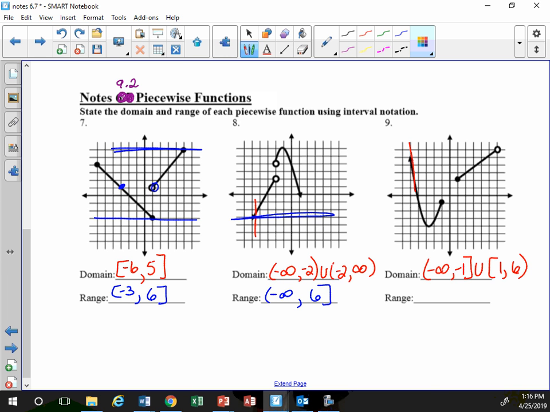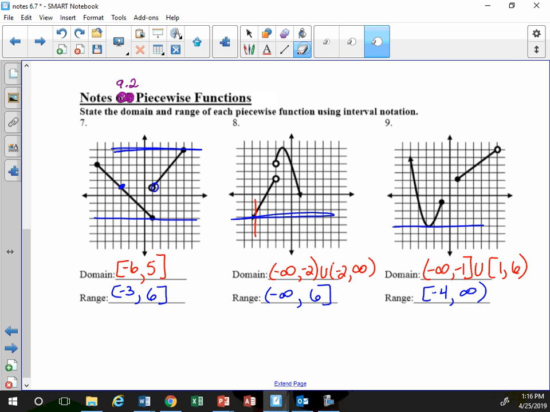All right, bottom to top. What's the lowest this one goes? -4 with a bracket. What do you think? Infinity, that's it. You don't actually skip anything. Okay? Questions? Turn the page. There's 3 of them at the top there.